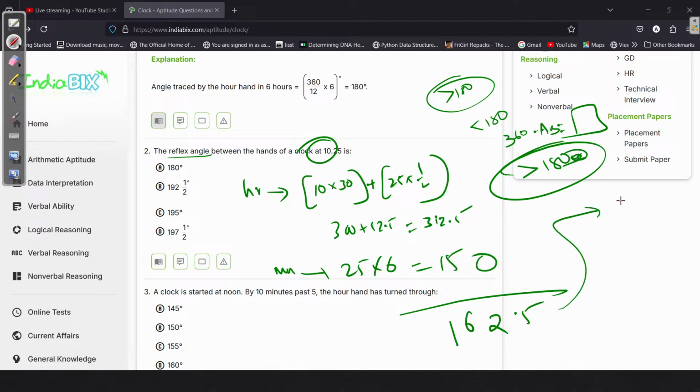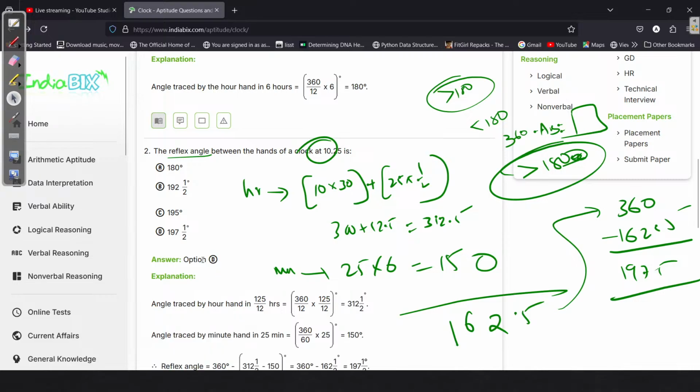But I want the reflex angle, so 360 minus 162.5 gives 197.5. So let us see whether the answer is 197.5 or not. That's it. Because we want the reflex angle, we have to do 360 minus our answer to get the final answer. Look at the problem once, then we'll move on to the next one.